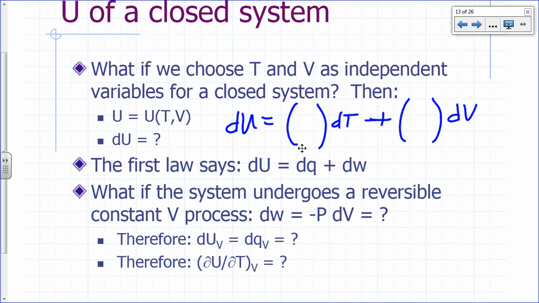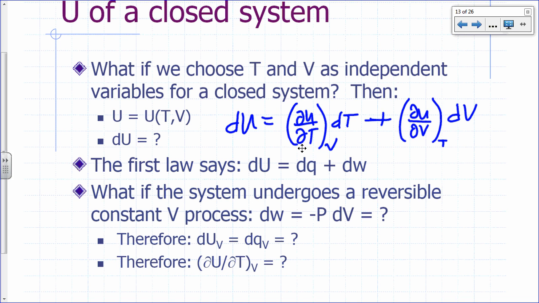Okay, so a change in U can be calculated from changes in temperature and volume. So what partial derivatives would I have here, James? First blank here. Partial of U with respect to T, dT at constant V. Yes. Okay, and over here, partial of U with respect to volume at constant temperature.